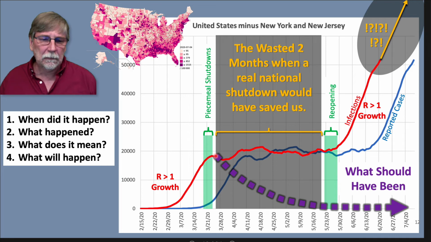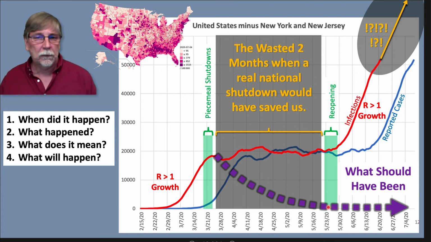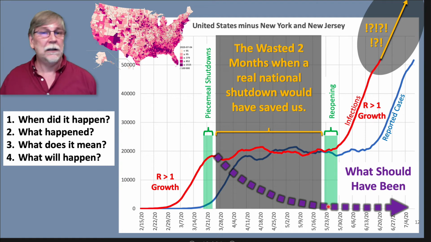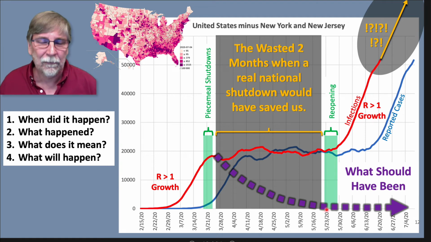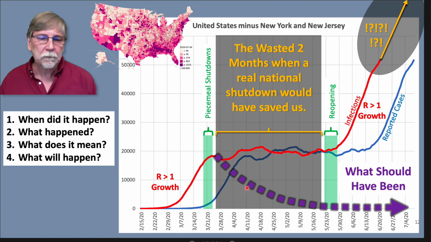Had we done the science thing instead of the save the Dow thing, then at this point, instead of here, we actually would have our numbers low enough that we could reasonably talk about a lot of reopening and maybe even letting kids go back to school and that kind of stuff. But we didn't.